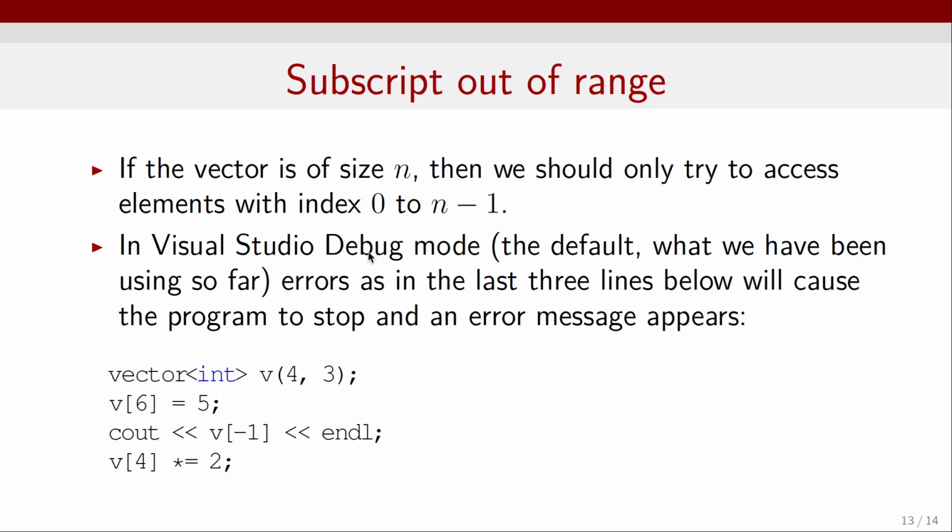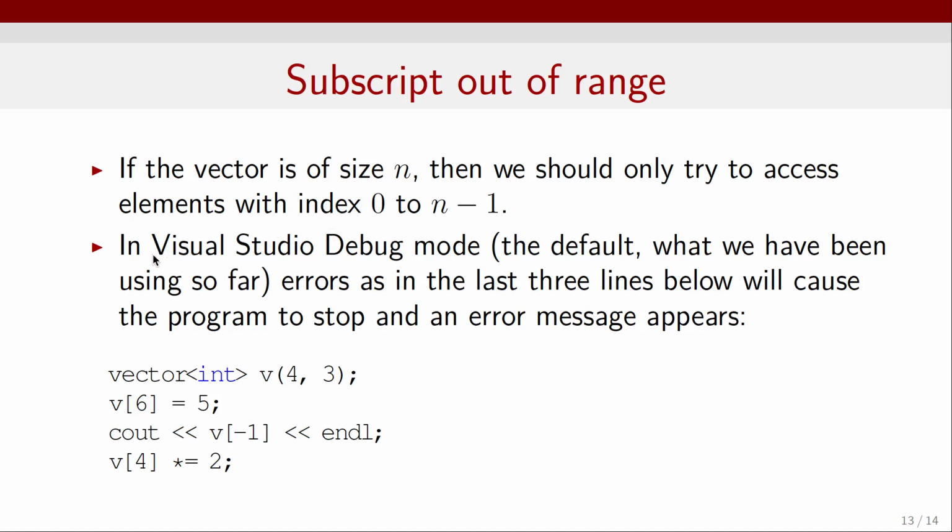You have to be careful to not run your subscript out of range. If the vector is of size n, then you should only try to access elements with index from 0 to n minus 1. So if I try and run v of n or v of minus 1, for example, it will return an error usually, but not always.